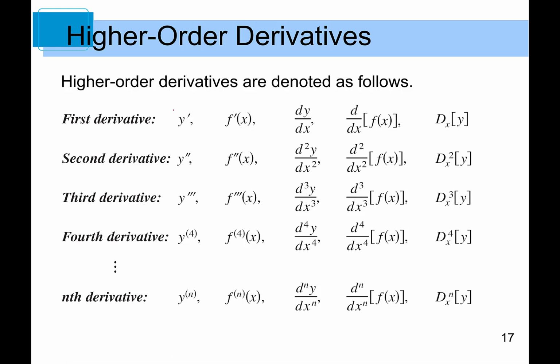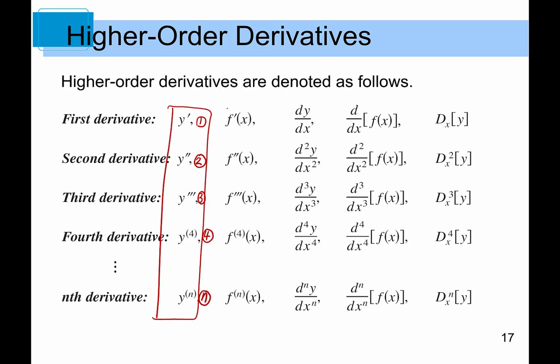So this is like a sequence, right? First you get y prime, the first derivative, y double prime, the second derivative, y triple prime, the third derivative, y to the fourth, the fourth derivative, y to the nth, the nth derivative. Okay, this is just one way to write it.